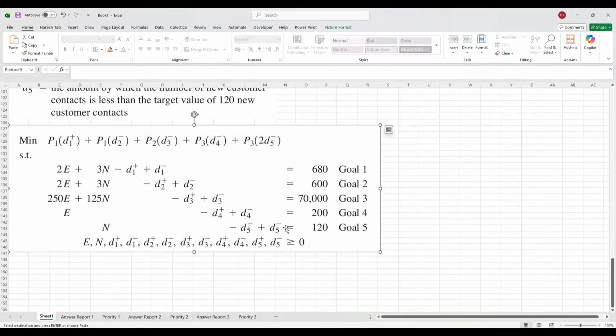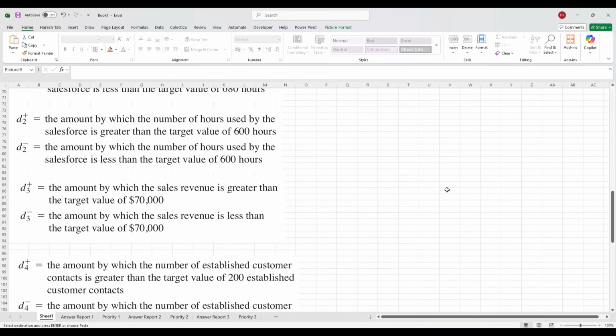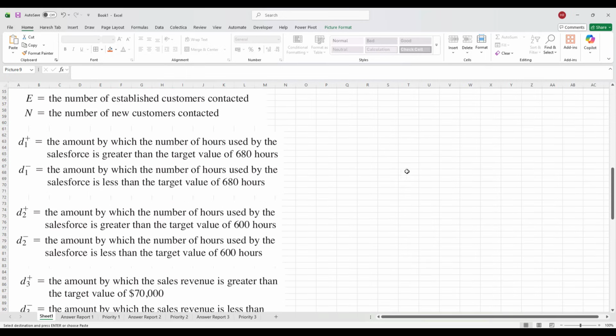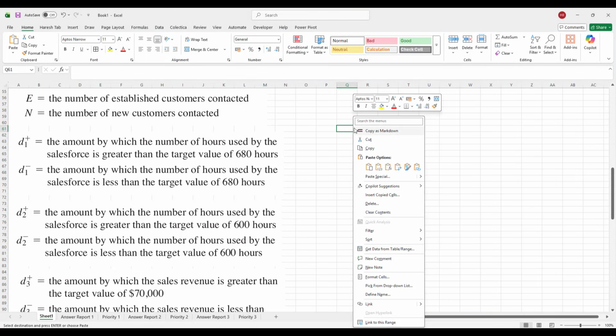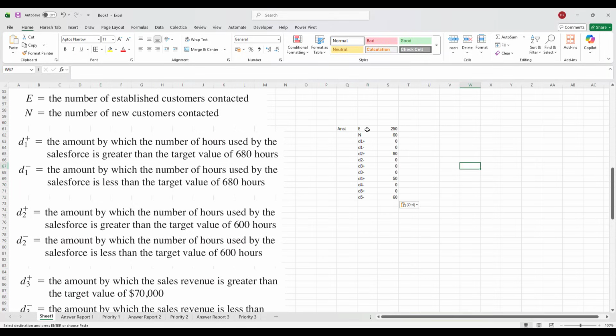I am just taking it to the sheet 1 for the explanation purpose, right? So for the explanation purpose, if I put it here, right? So first, E is number of established customers to be contacted 250, number of new customers to be contacted 60, the amount by which the number of hours used by this Salesforce is greater than, so it will be 680 here.